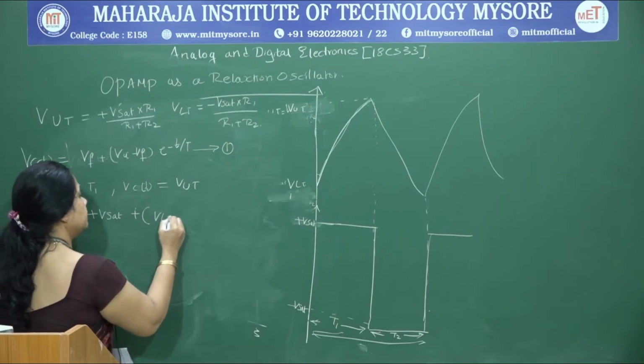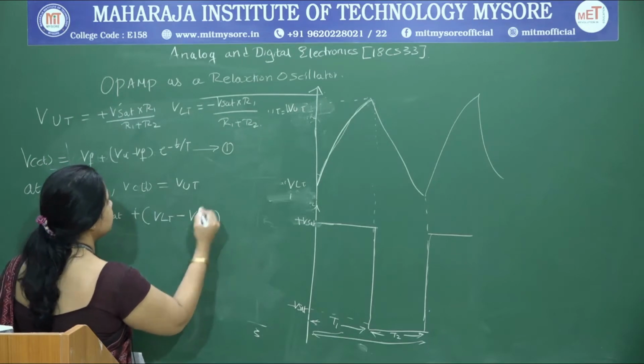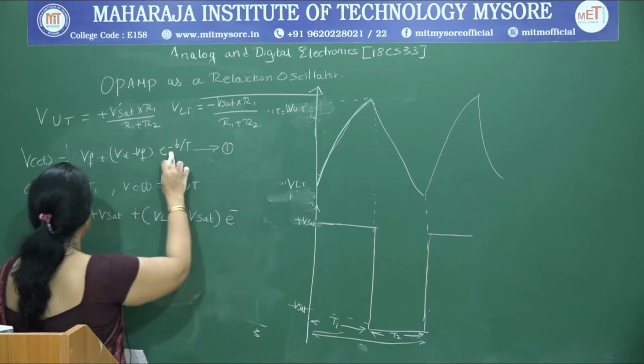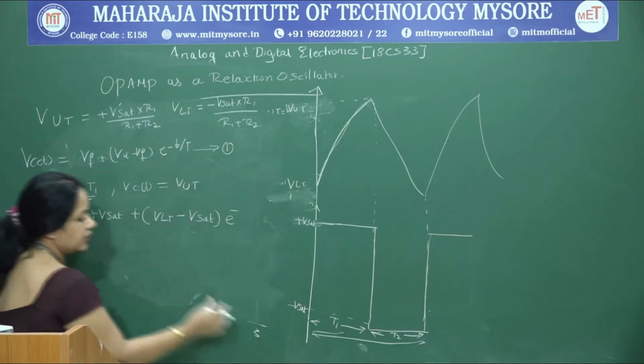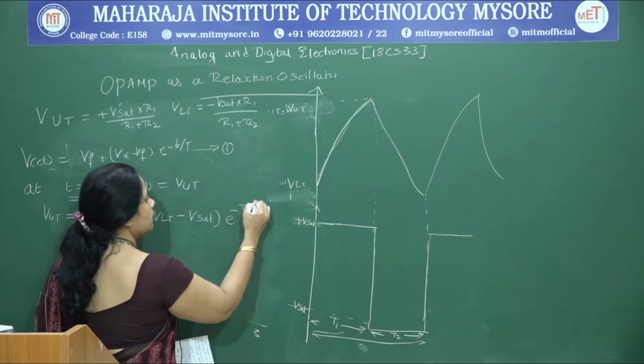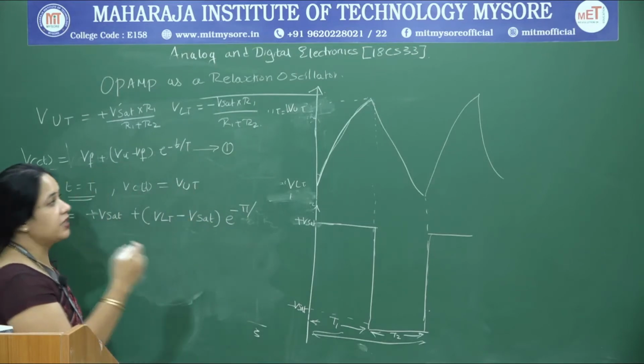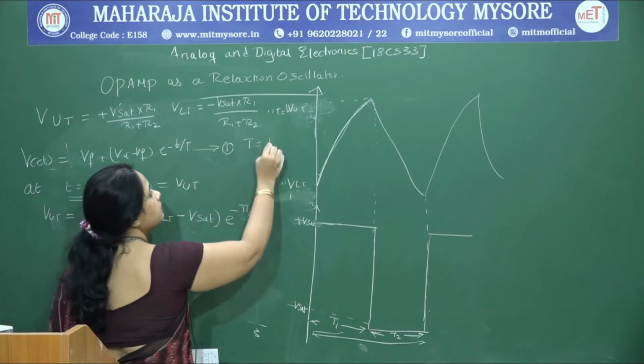So, VLT minus the final value, plus Vsat, into e raised to minus T1 by the charging time.